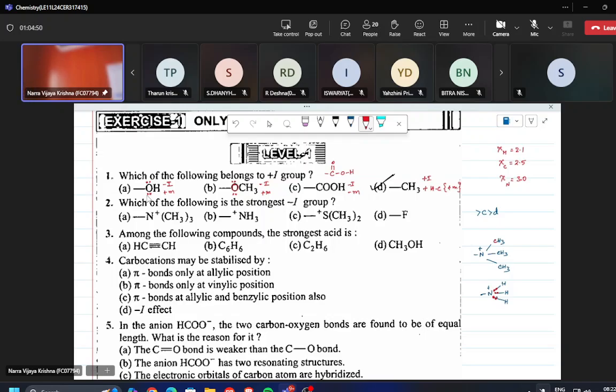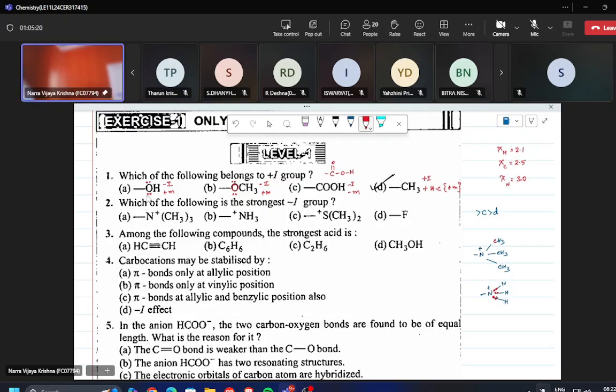That is the question. Sir, electron withdrawing is for the total group, or between one atom and another atom? The total group means we need to consider the total set. Here, methyl group is for sure plus I effect, no doubt. So methyl is trying to give electrons.